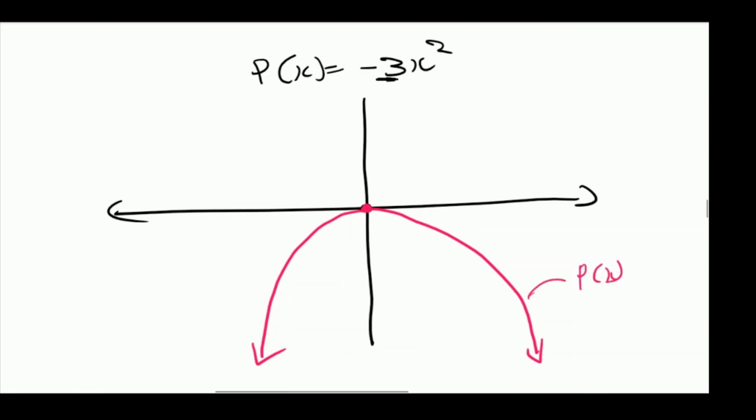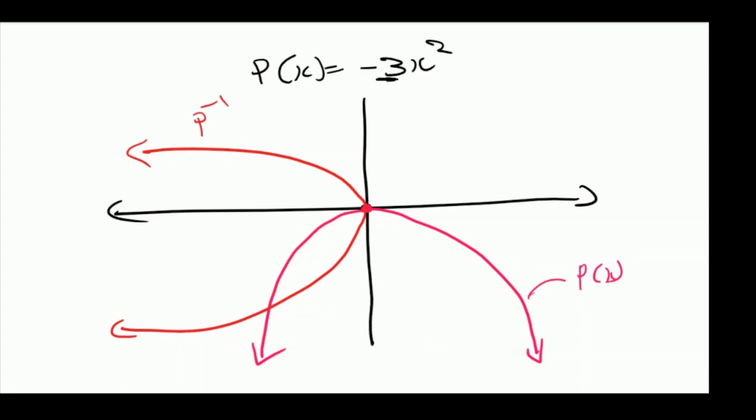The inverse of this parabola will look like that, right? So the reason why this inverse of p is not a function is because if you are going to use a vertical line test and test all these values here, you will find that the vertical lines touch the graph twice, at this point and at this point, this point and this point.